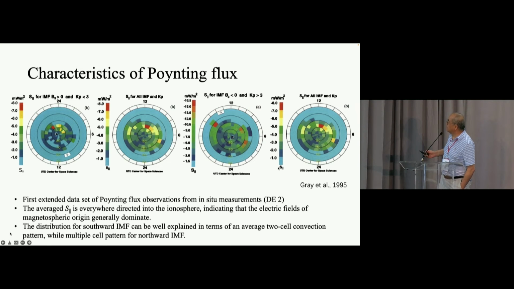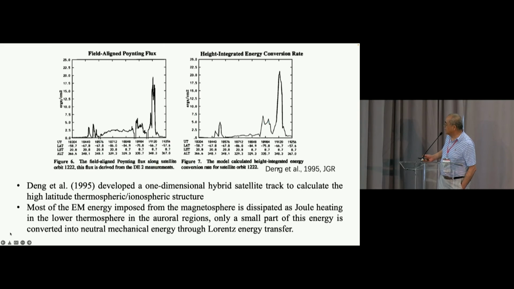This one, in the middle, looks like a two-cell convection pattern. This one has all IMF By conditions and Kp put together, so it looks kind of messy. But anyway, that's what it looked like from early studies in 1995, done a long time ago. They also used DE data to develop a 1D model along the satellite track.